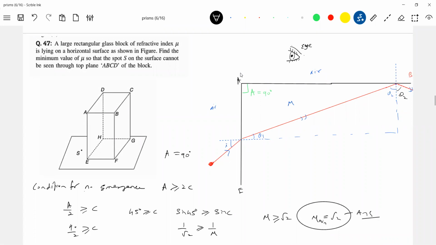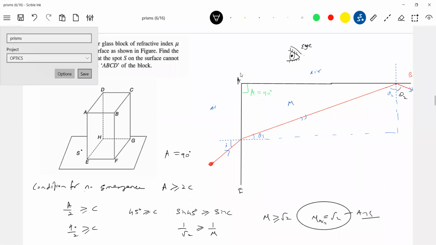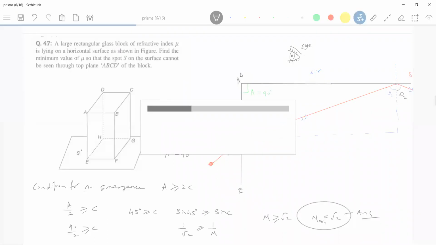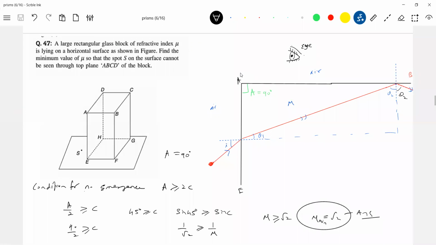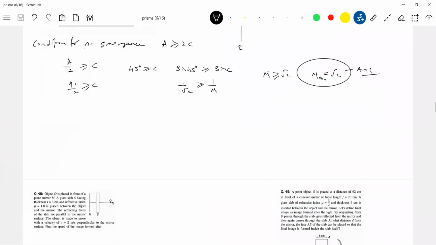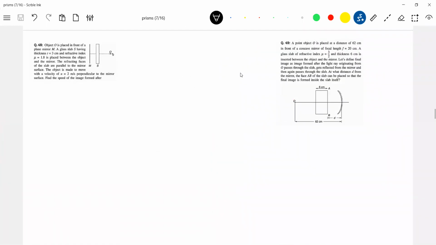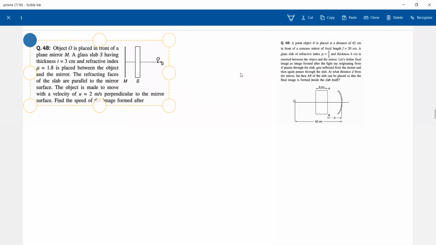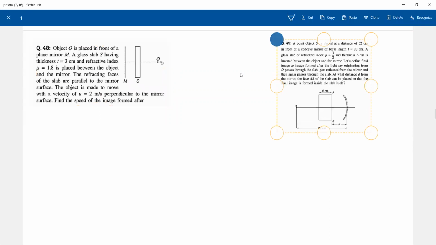Solve it, you'll end up with the same answer. So it's not that there must be a prism. Even a part of the structure can be treated as a prism. These two things, if time is left over, I'll take them up. Or else you try it, in the end I'll update the answer.